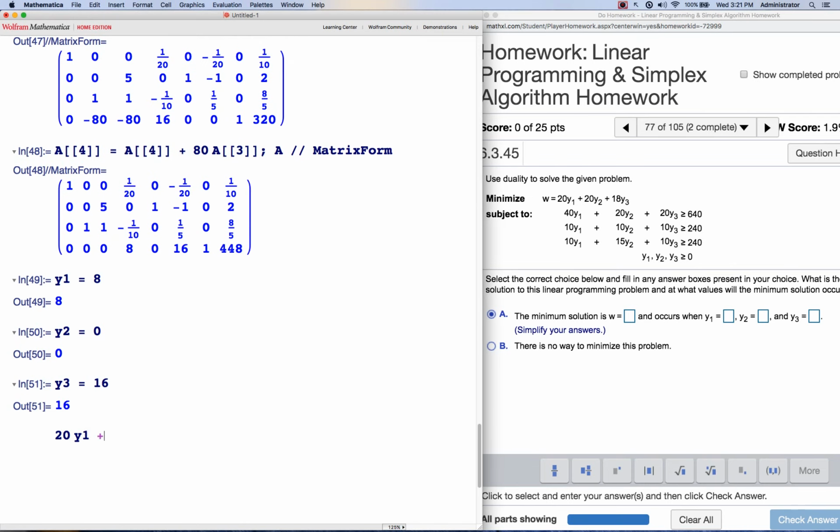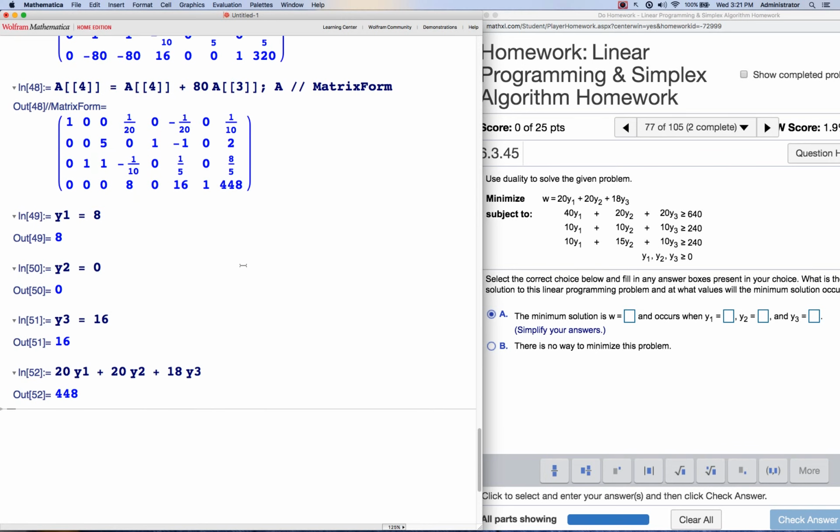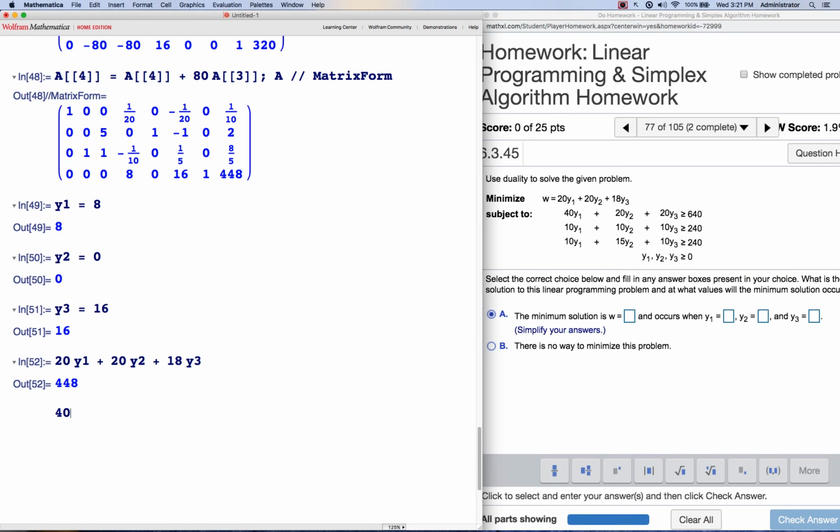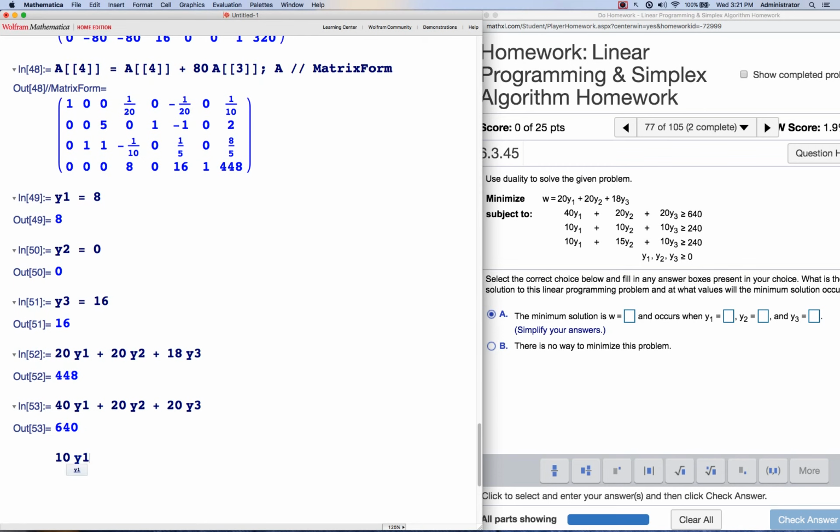So 20y1 plus 20y2 plus 18y3 should be 448, which is a good way of checking if you have the right answer. 40y1 plus 20y2 plus 20y3 should be greater than or equal to 640, which is true. 10y1 plus 10y2 plus 10y3 should be greater than or equal to 240, and that's true.